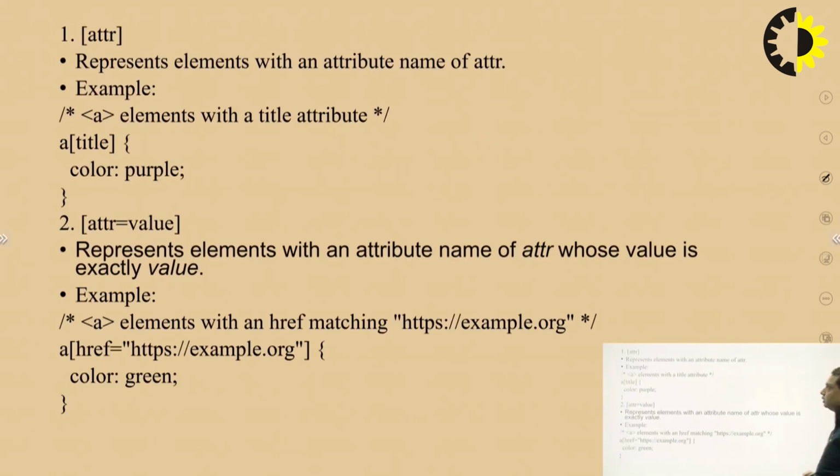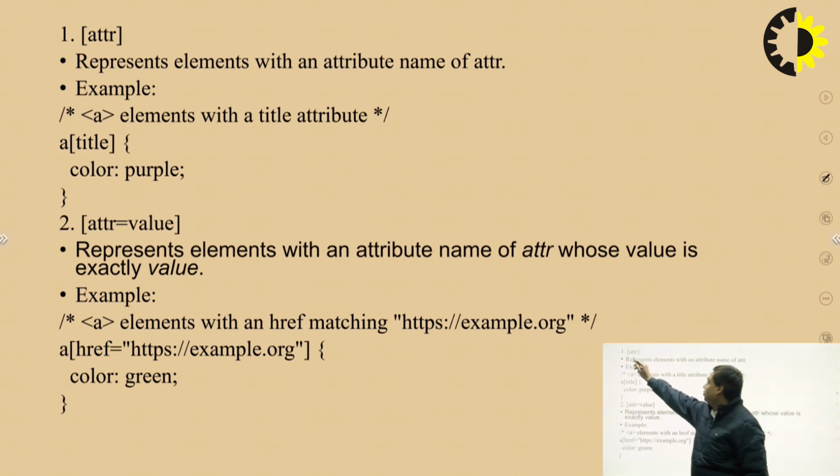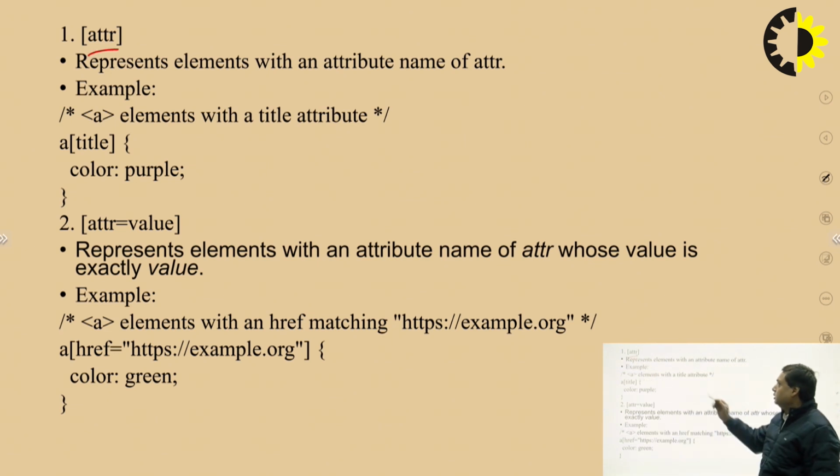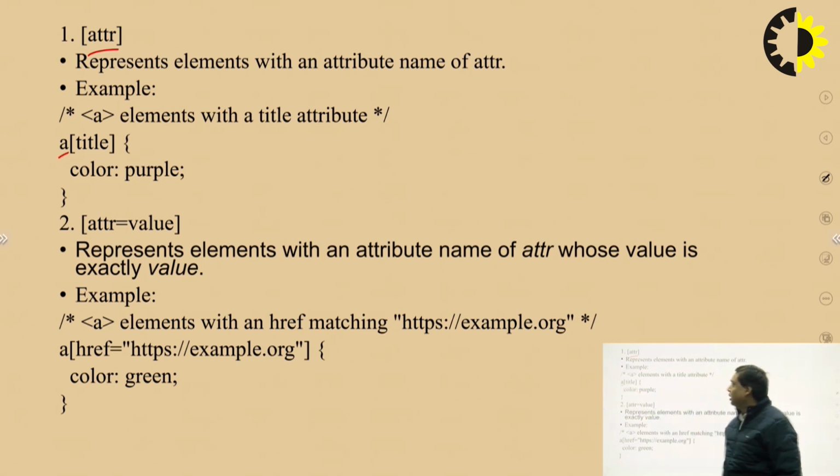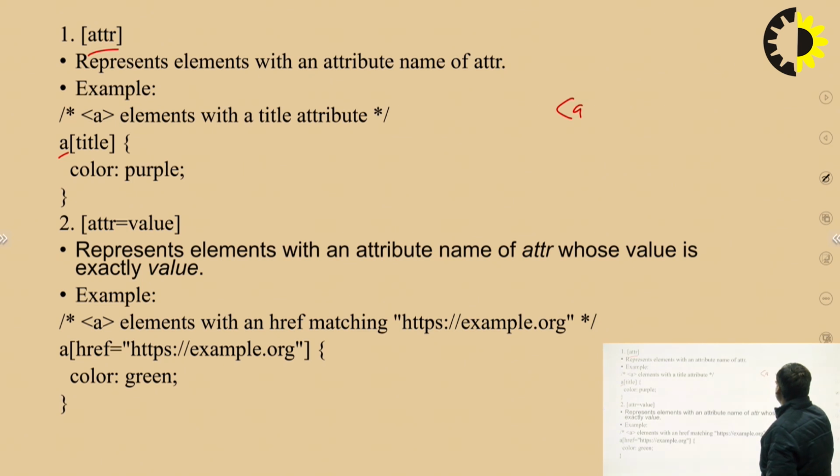Now the first rule is just to give the name of the attribute. It is just a representation. If you give the name of the attribute, the CSS will be applied accordingly. For example, we have an anchor tag and we have given the title attribute. Suppose we have an anchor tag A and the title attribute is mentioned with some message.